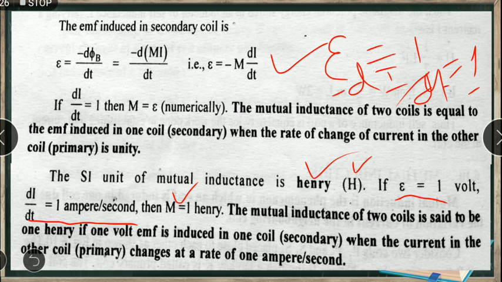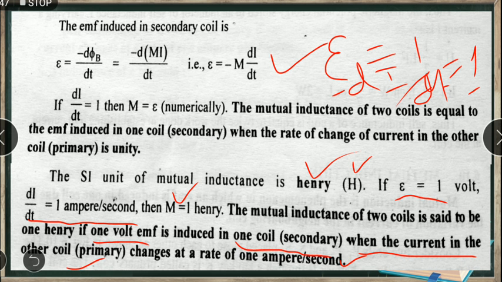When can we say it is 1 Henry? If 1 volt EMF is induced in one coil, which coil here? The secondary coil. When the current in the other coil, which here is the primary coil, changes at a rate of 1 ampere per second.